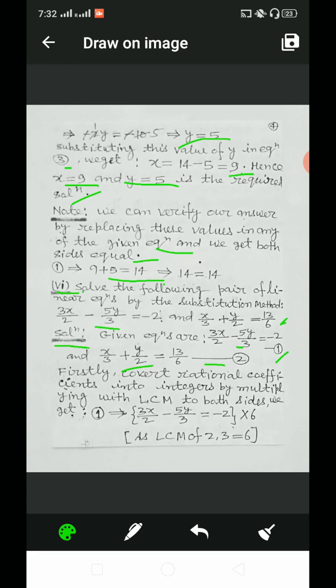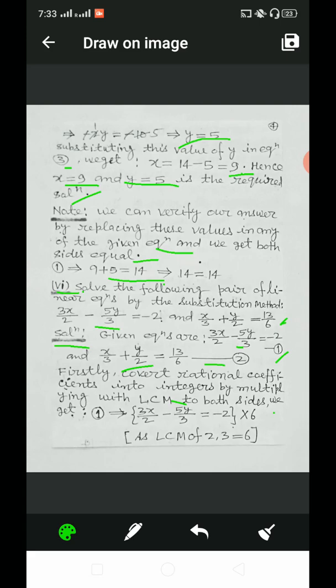Firstly, convert rational coefficients into integers by multiplying with LCM to both sides. Means we convert the above equations in simple linear equations. Then how can we convert? If the coefficients are given in rational form, then we multiply with LCM to both sides to convert the coefficients into integers.